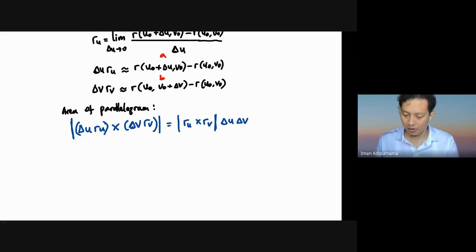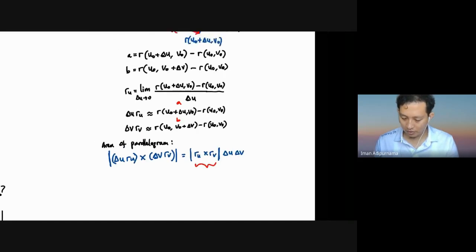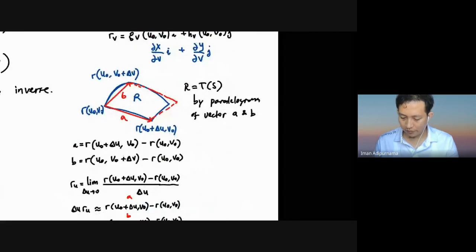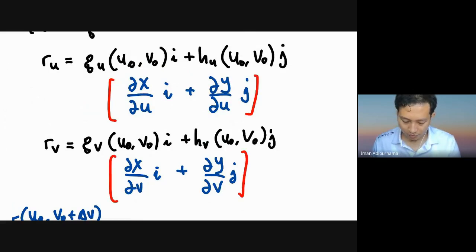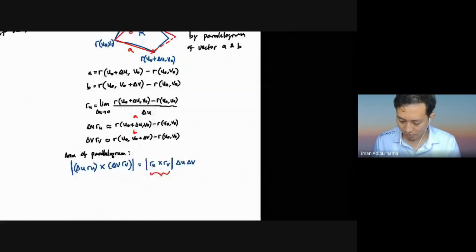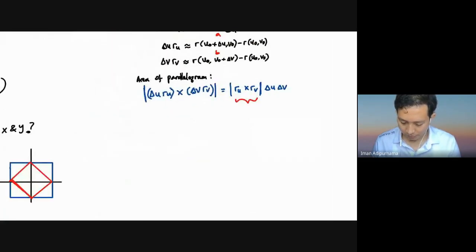Okay, now let's compute this based on what we have now. We have the RU is this, the vector, and RV is this. So let's cross these two. What will happen? So let me write here RU cross RV. Let me write i, j, k.